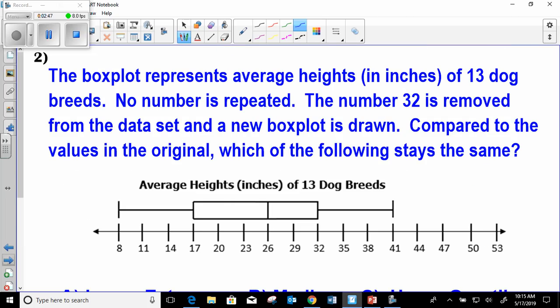All right, number 2, the box plot represents average heights in inches of 13 dog breeds. No number is repeated. The number 32 is removed from the data set and a new box plot is drawn. Compare the values in the original. Which of the following stays the same?